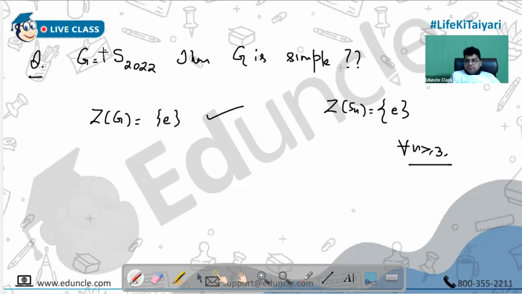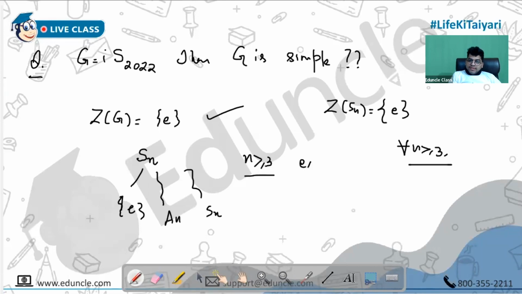No. एक चीज बताइए मुझे, एसएन के 3 सब ग्रुप होते हैं, E, S_n, A_n, for all n greater than or equal to 3 except n equal to 4. This is true for all n except n is equal to 4 because n equal to 4 we have. So this is not simple.